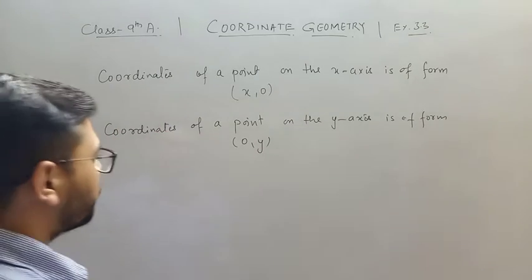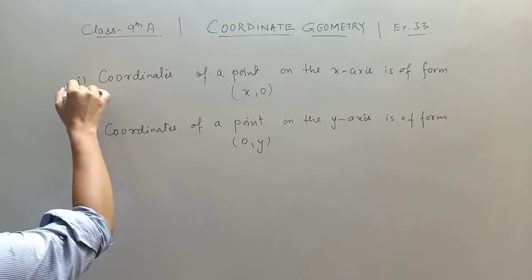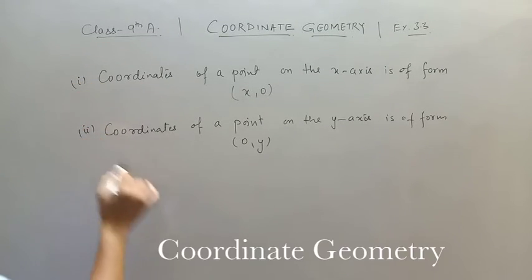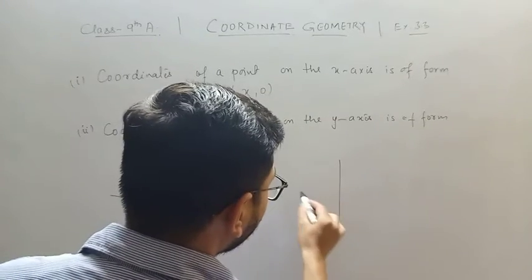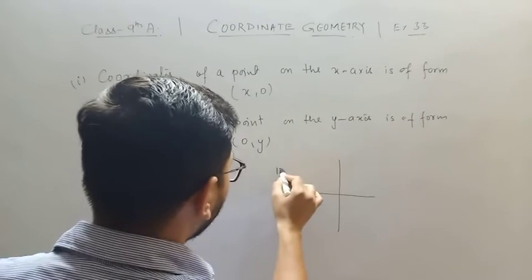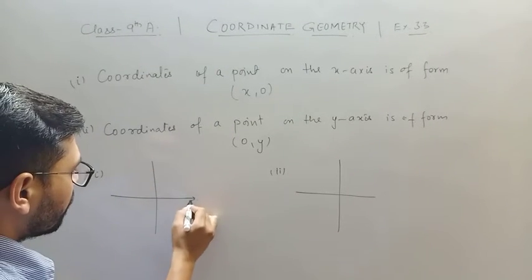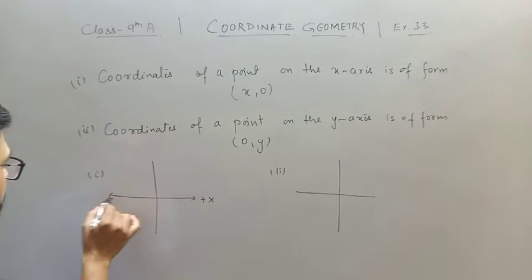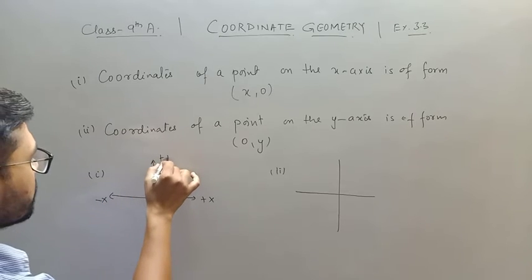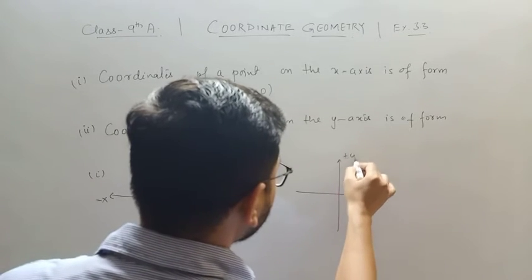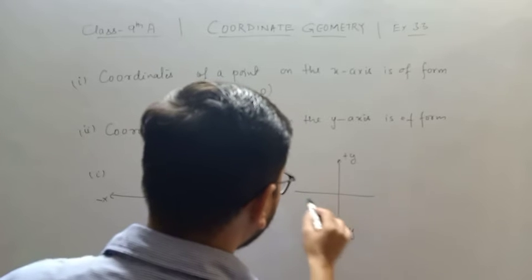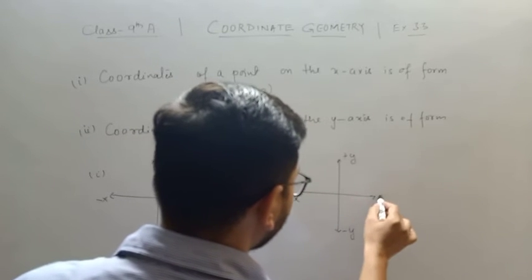Let's say this is part 1 and this is part 2. For part 1 this is the diagram, and for part 2 this is the diagram. This is the positive x-axis, this is the negative x-axis, this is positive y, this is negative y. Similarly, this is positive y, this is negative y, this is negative x, this is positive x.